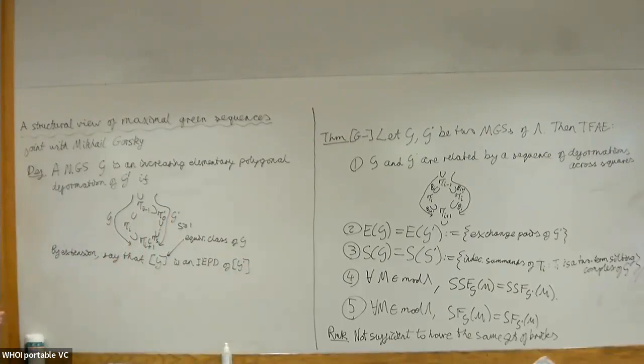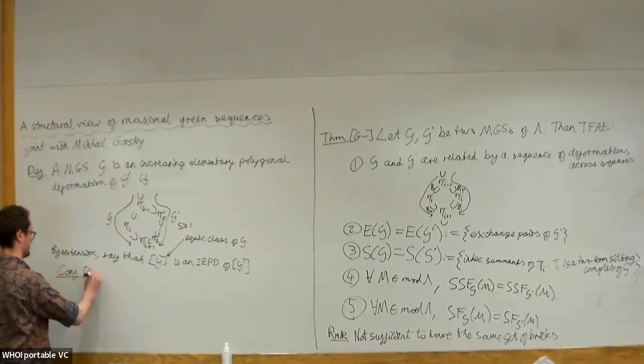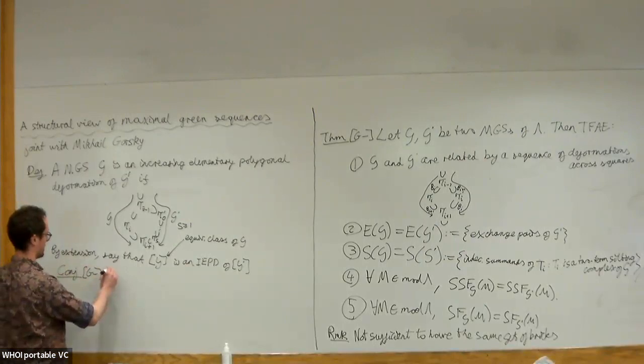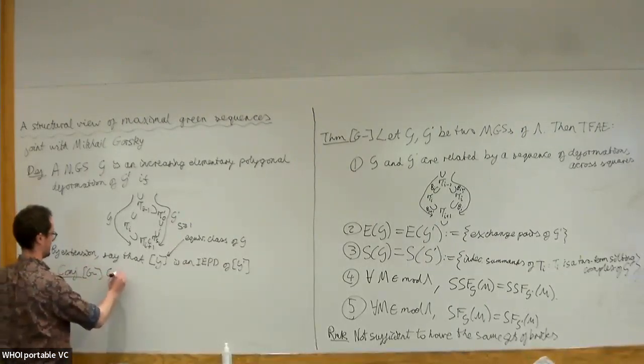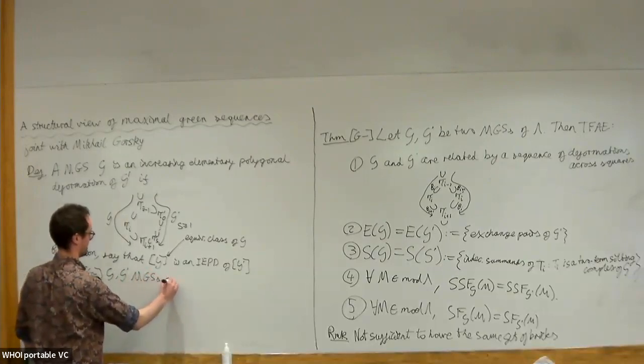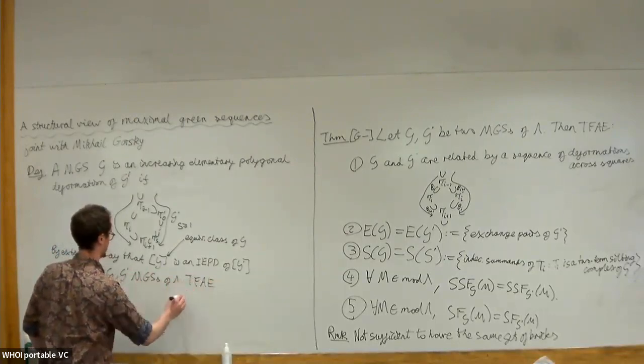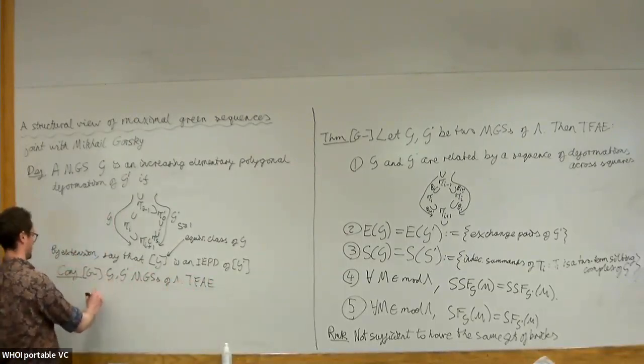Okay, so now I was going to say, now I state the theorem, but really it's a conjecture. I mean, we do have some partial results. Our main conjecture is that if there are G and G prime maximal green sequences of lambda, then the following are equivalent.